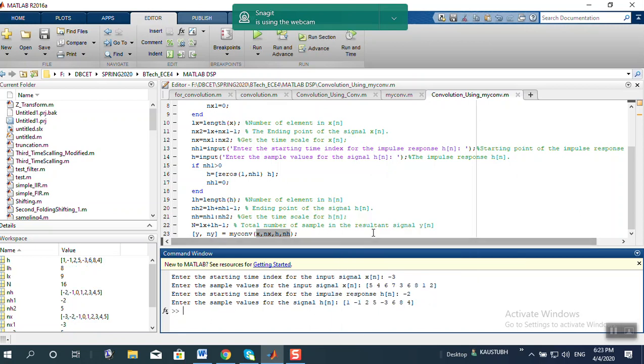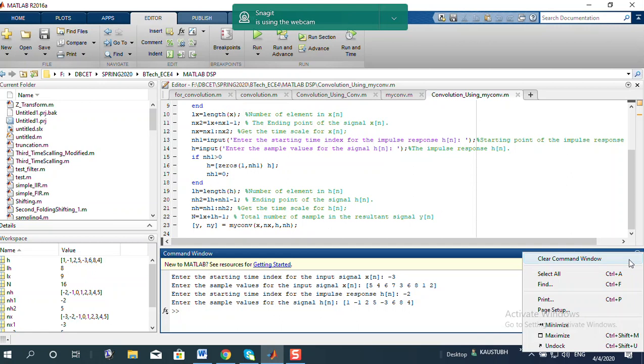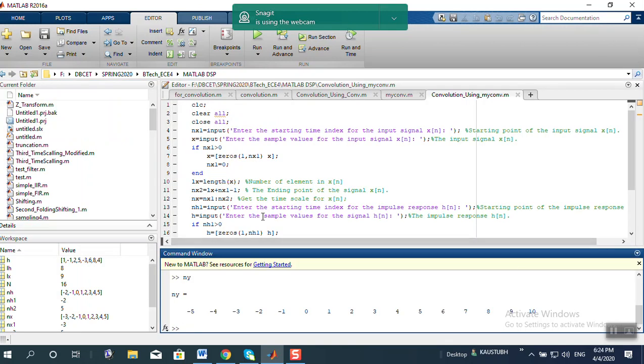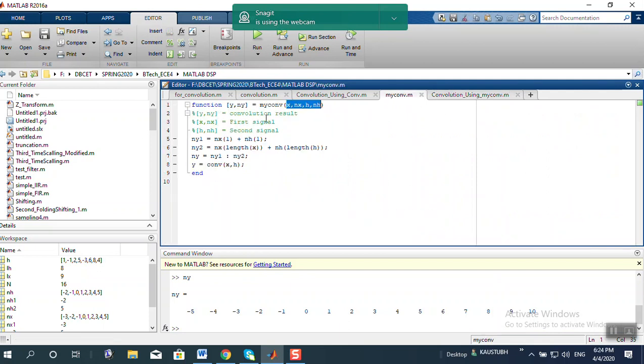The plotting part I have not done here; you can make use of the plot here. So let us see. This is your y, and this is your n, that's all. See how good it is. In one line I did it with this small function defined.